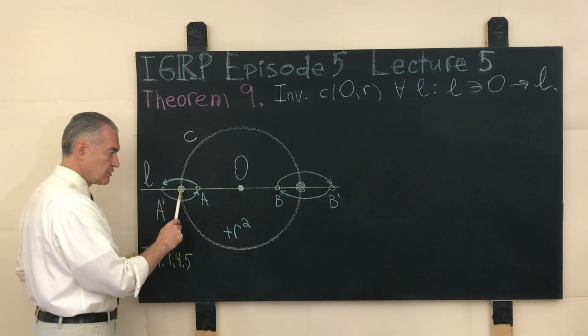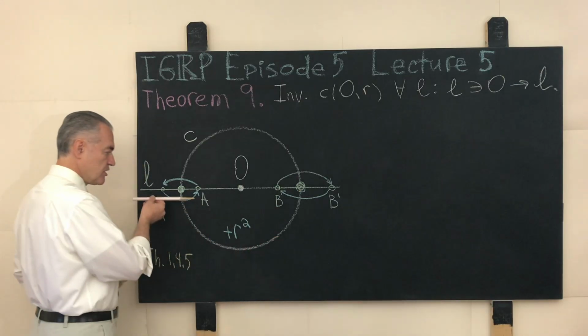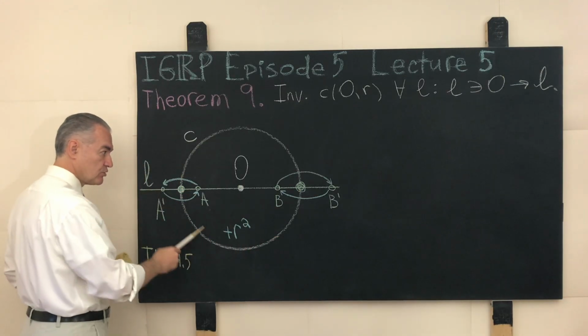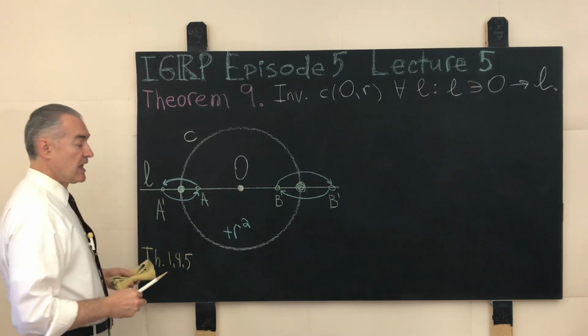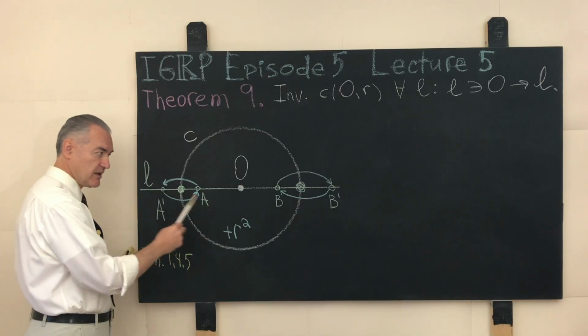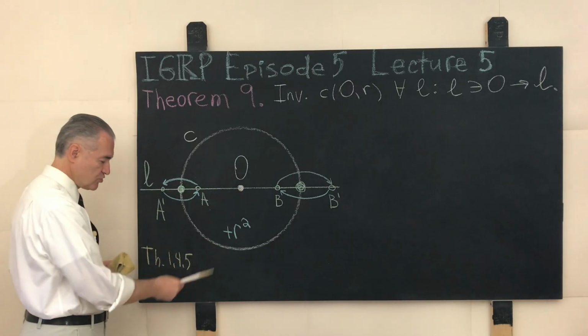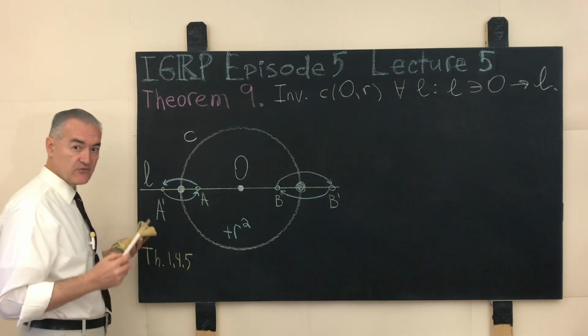So now we took care of three interesting points: the two stationary points where the straight line L and the circle of inversion intersect, and the center of inversion. The remaining points that form the given straight line L that passes through the center of inversion are taken care of by our theorems 4 and 5. What does that mean?